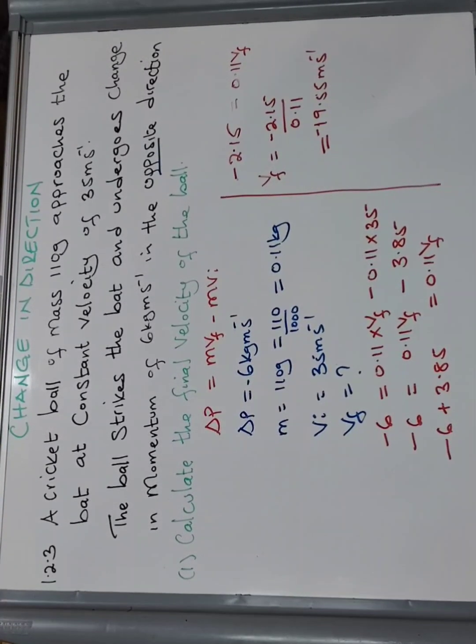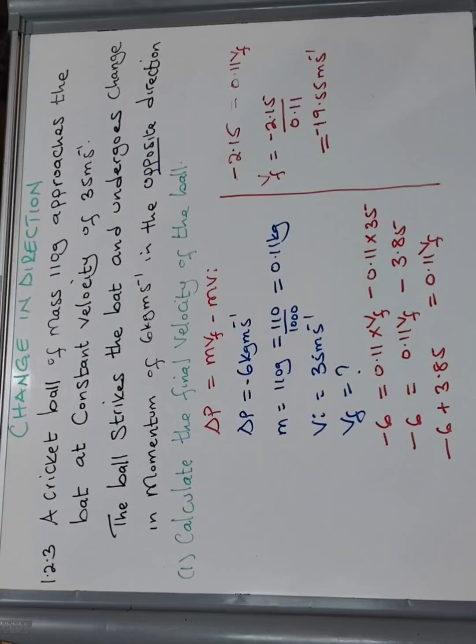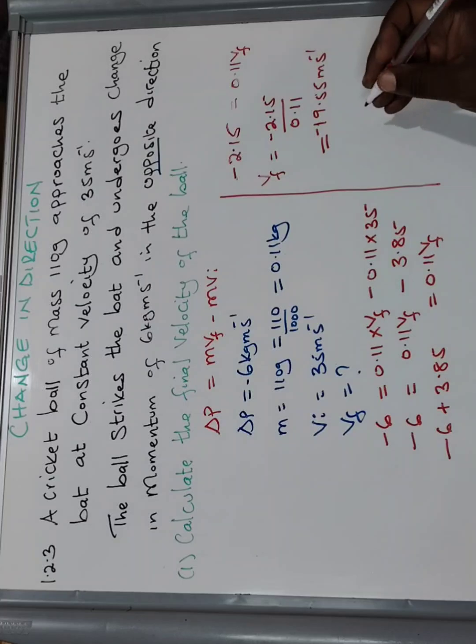So that is what we get. The final velocity of the cricket ball is negative 19.55 meters per second. So what does the negative imply? Negative means opposite direction to the initial one.